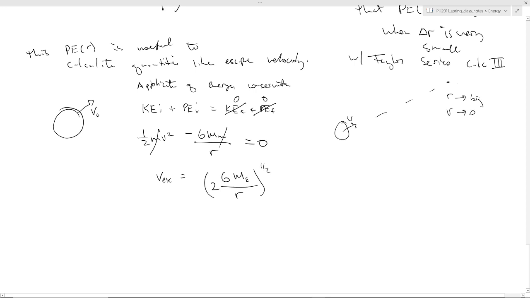And if you do this with the Earth, if you put in the mass of the Earth and the radius of the Earth, you find that this is 11,200 meters per second. So in other words, 11.2 kilometers per second is the velocity you would need to escape the Earth's gravity.